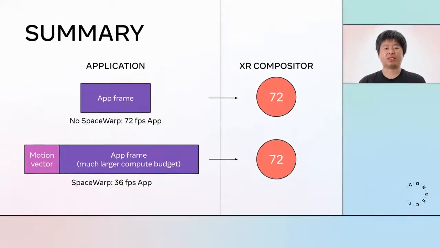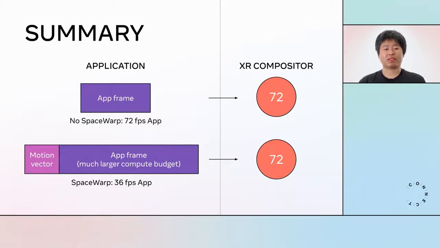So, to wrap up our initial motion vector discussion, in a standard 72 fps setting, the application renders to its eye textures. Our composition software takes the submitted texture and outputs a composited result to the screen, also at 72 fps.